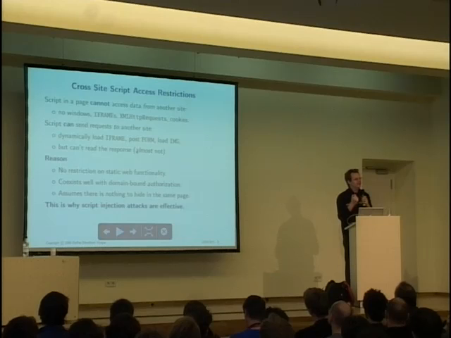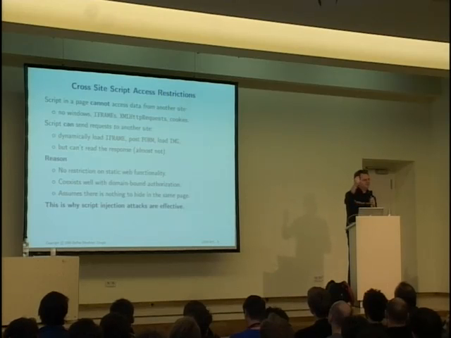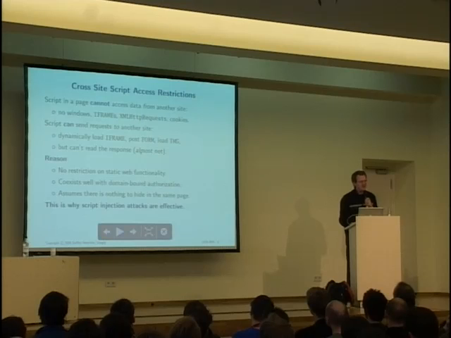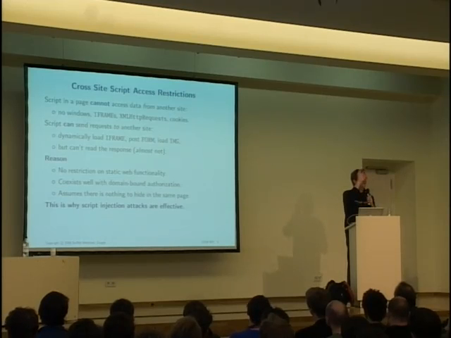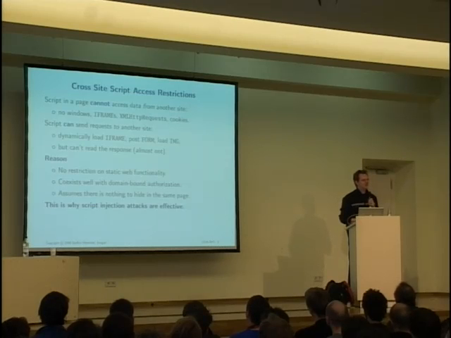In the only case I can think of where a script can legally read part of the response to a request that it sends to another site, it creates an image element that is loaded from another site, and then the size of the image is exposed in the DOM interface of this image element. This size is accessible to the script even if the image comes from another site.